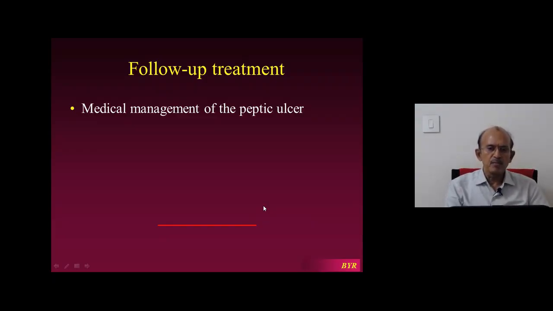Intracorporeal suturing means during laparoscopy, you pass the instruments into the peritoneal cavity through the ports, and in the cavity you suture and place a knot. That is called intracorporeal suturing. There is one more method called extracorporeal suturing.